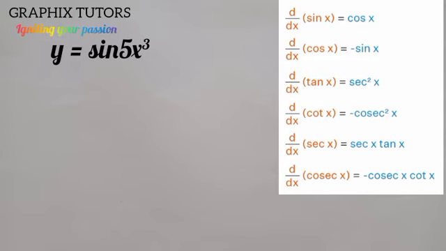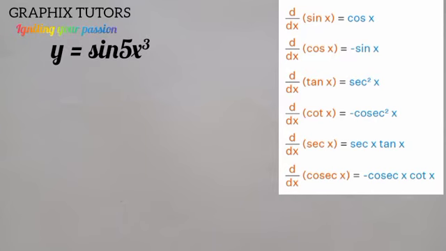When you differentiate tan x, you have sec squared x. Sec x gives sec x tan x. Cot x gives minus cosec squared x. Cosec x gives minus cot x cosec x. So these are some of the derivatives of trig functions. Is that taken?